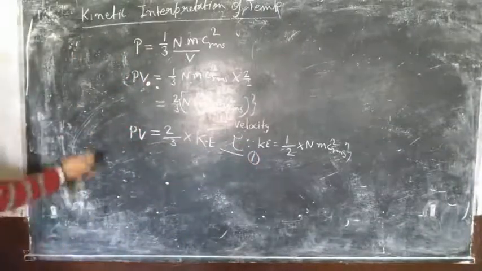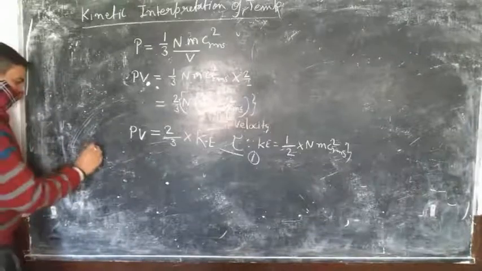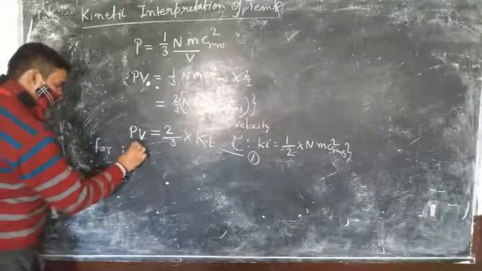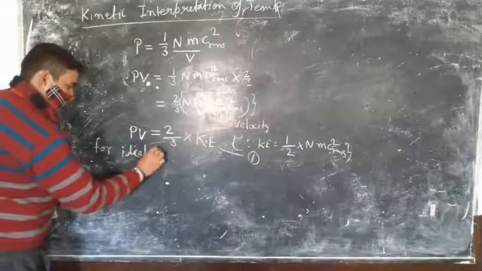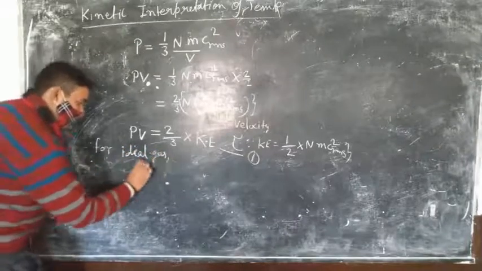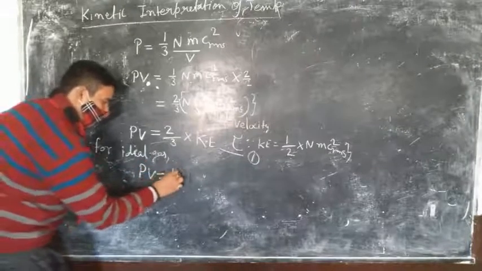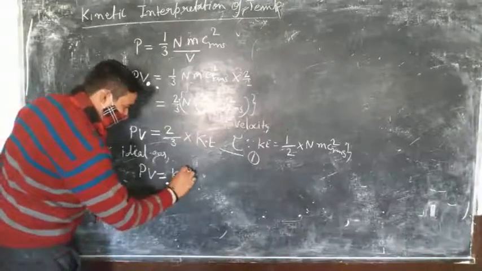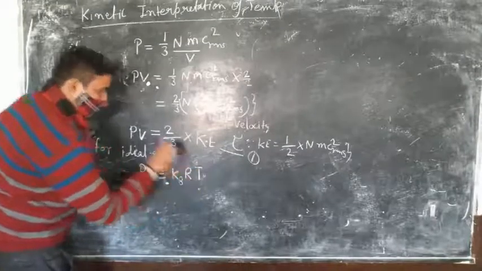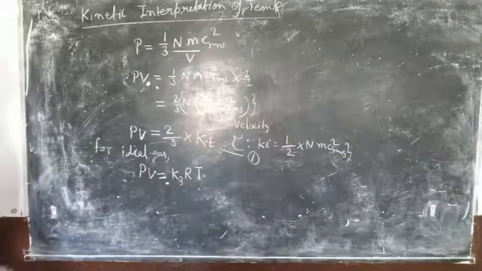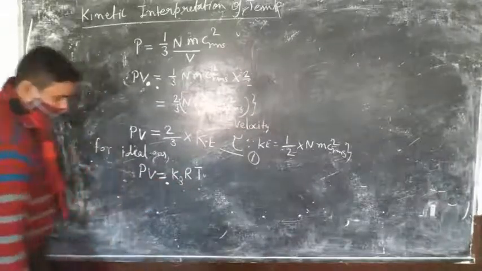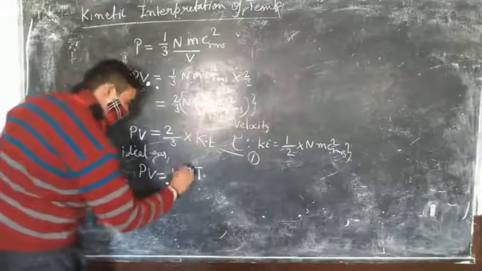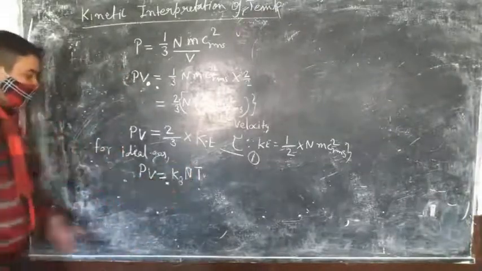Now for the ideal gas, we have PV equal to n KB T, where n is the number of molecules.